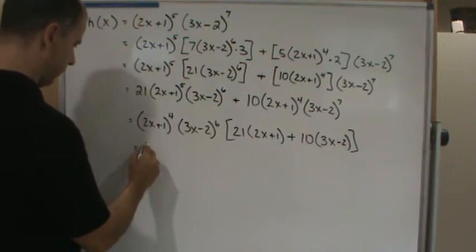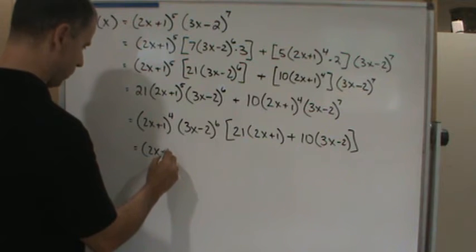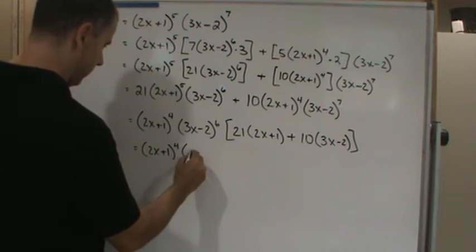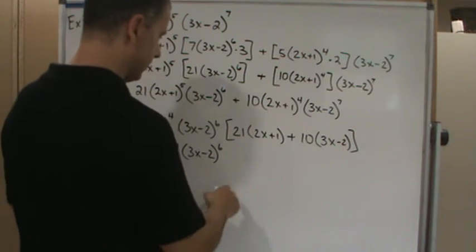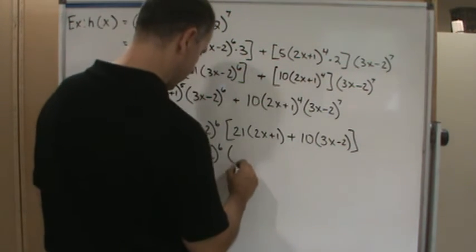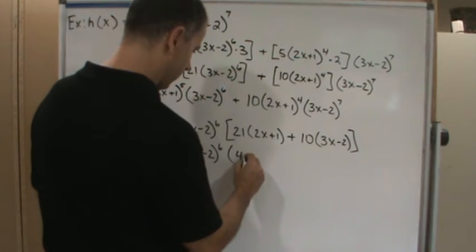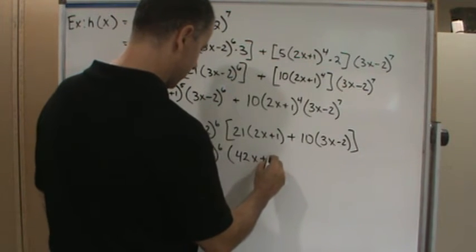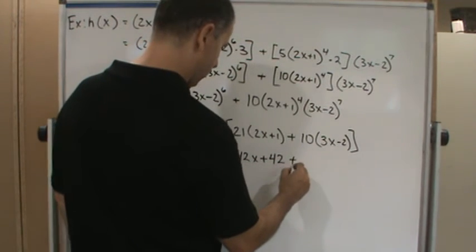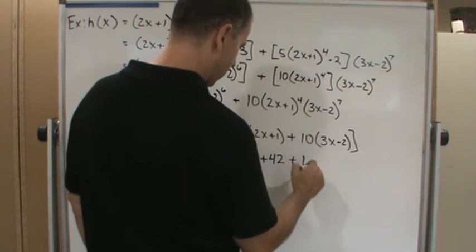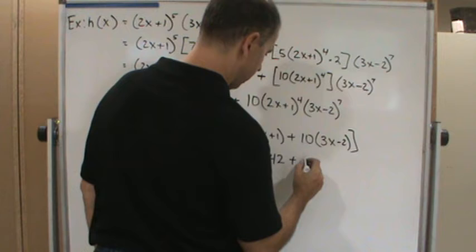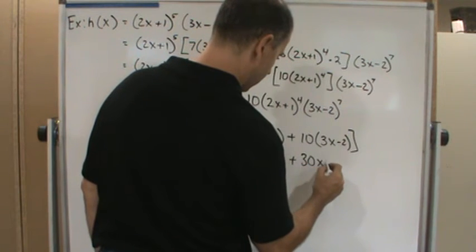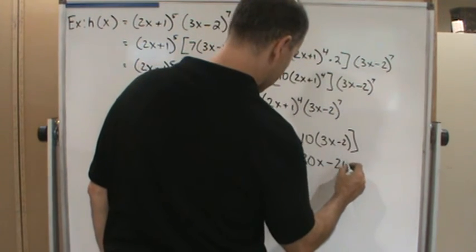So let's see what we get. We get (2x + 1) to the 4th, (3x - 2) to the 6th, and let's see what happens in here. This is going to end up being 42x + 42 plus 30x - 20.